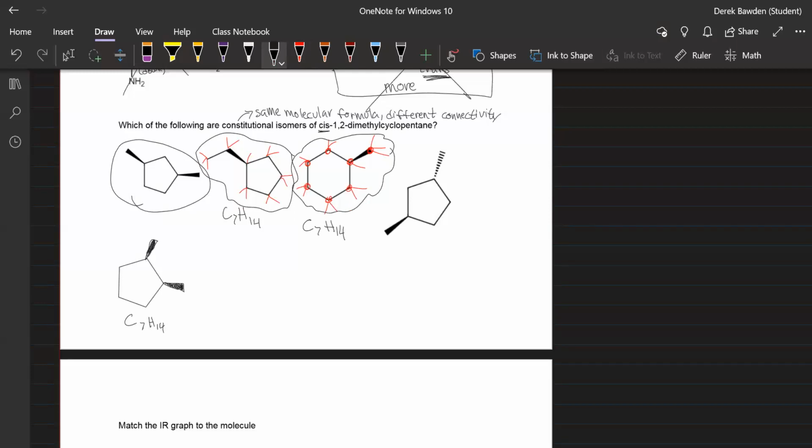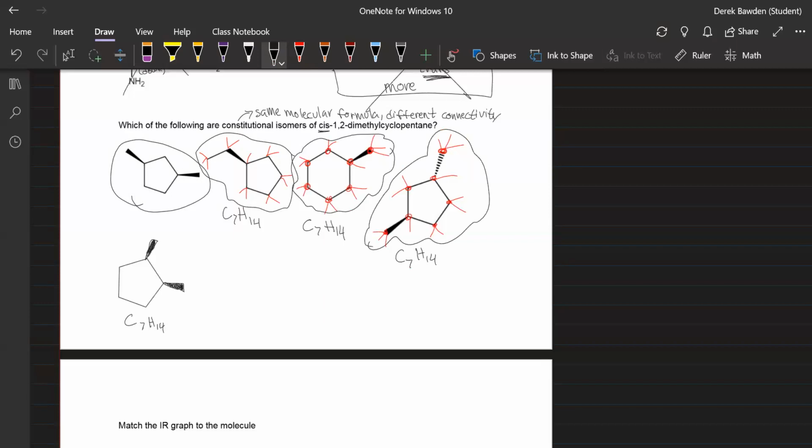Let's look at this last one. We have 7 carbons and 14 hydrogens, C7H14, so this one is a constitutional isomer as well.